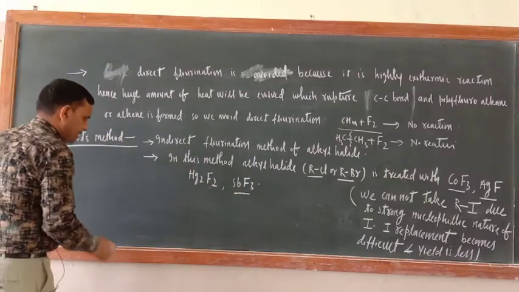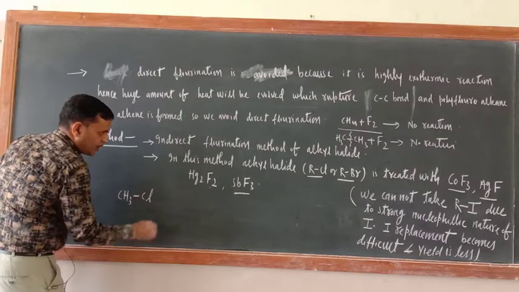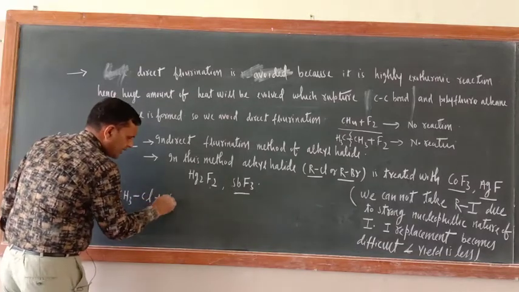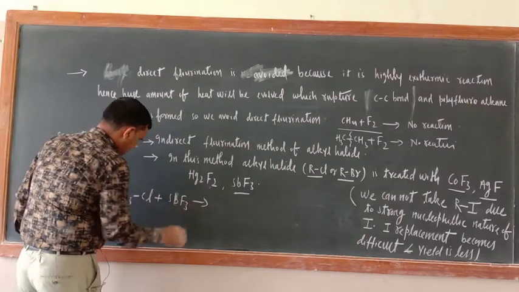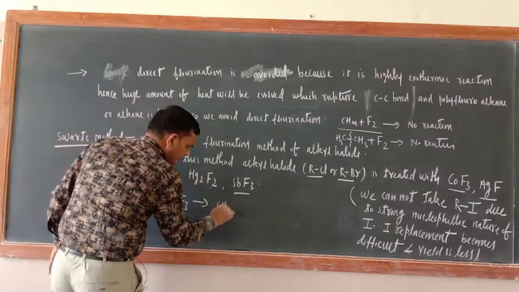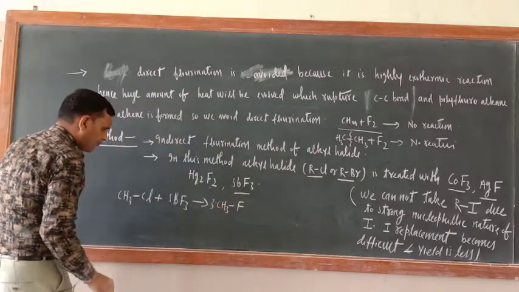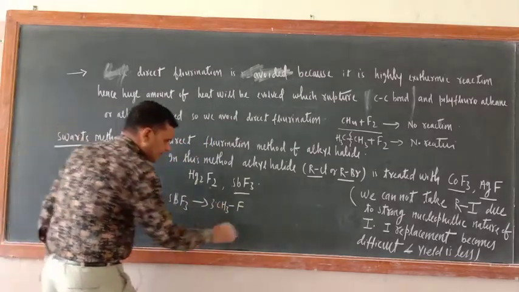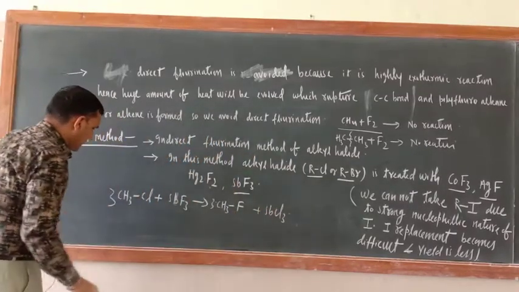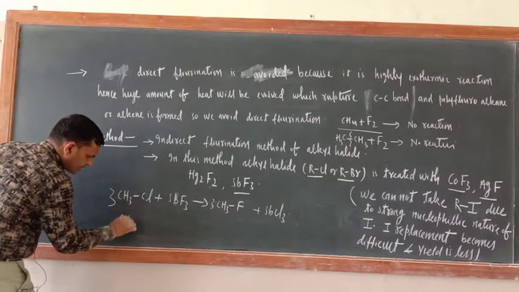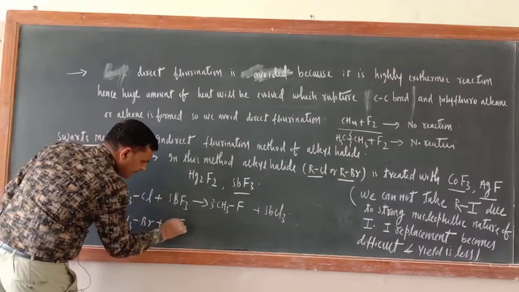So just take here, suppose I have taken CH3Cl, and its reaction with antimony fluoride, SbF3. So what product will you get? You will get CH3F, 3 molecules, plus SbCl3. Similarly we can take CH3Br plus SbF3.